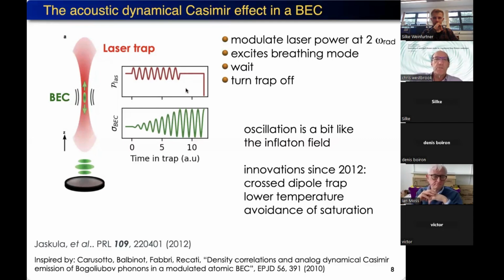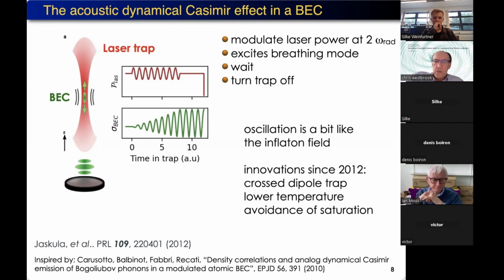So the experiment is going to be to excite this breathing mode and then allow this breathing mode oscillation to act as the parametric drive for this particle production. This is exactly what we did, or very close to what we did in 2012 with Jean-Christophe Jaskula. And I should mention that the experiment was actually inspired by work by Jacopo Carusotto and his collaborators.